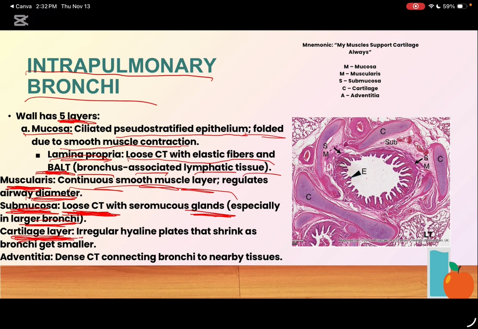It's the irregular hyaline plates, and they shrink as the bronchi get smaller, because eventually they will be dividing into bronchioles, and we know in bronchioles we have no cartilage. And of course the external part, the adventitia, we cannot forget about it. It's a dense connective tissue connecting bronchi to nearby tissues.